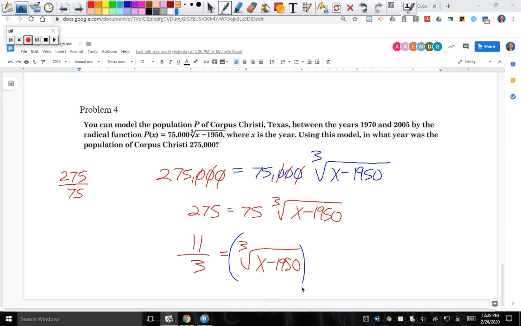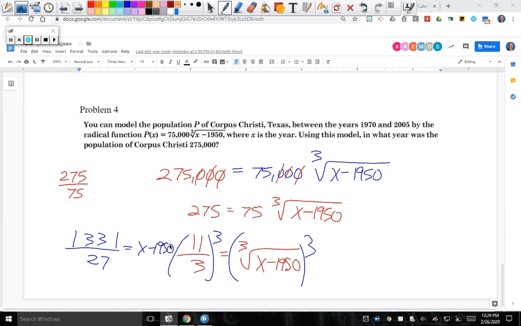Raise both sides to the power of 3. That's 11 cubed, which is 11 times 11 times 11, which is Pascal's triangle, 1331. And 3 cubed is 27. So this is equal to x minus 1950. And yes, you would just add 1950 to this left side, and there's your answer.